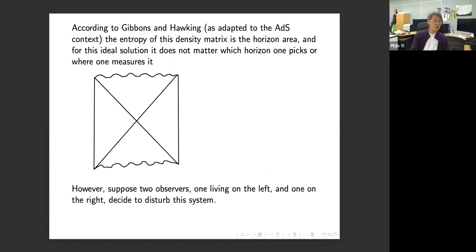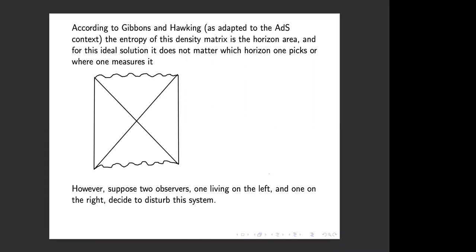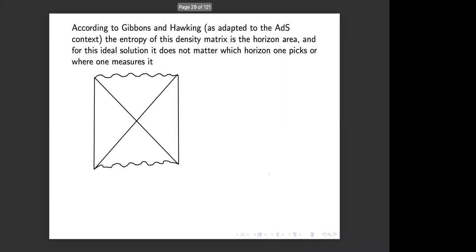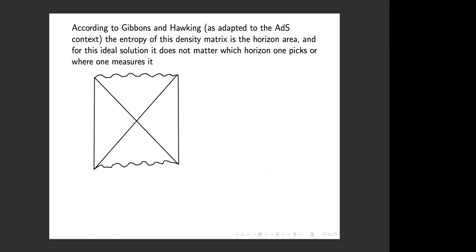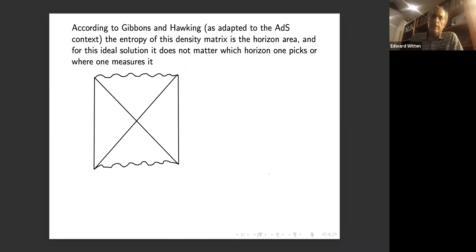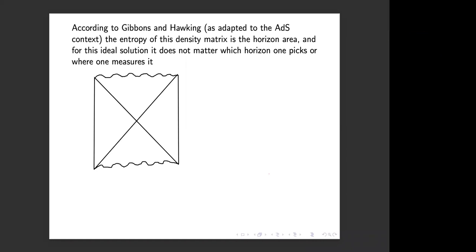I think it's Changyeong. Yeah. Well, I wonder whether the strong subadditivity of the RT formula can explain the entropic gravity idea of Verlinde, etc. I mean, when two parts are put together, the entropy is less than the addition of each of them.